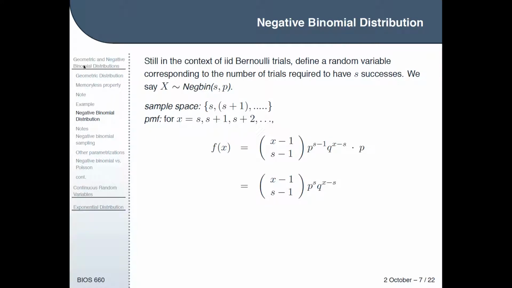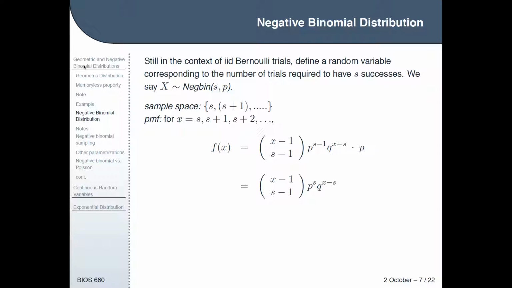Let's say that we're flipping a coin until we get 3 heads, and we end up getting our third heads after 8 trials. Well, you could have 2 heads on tosses 1 and 2, followed by 5 tails, followed by 1 heads, or you could go heads, tails, heads, etc. There are all these different possible orders for the first S minus 1 successes before you get the final success.